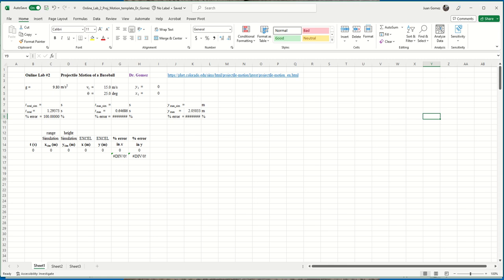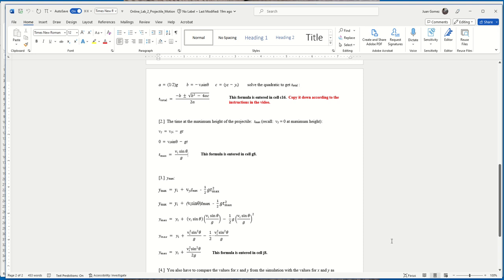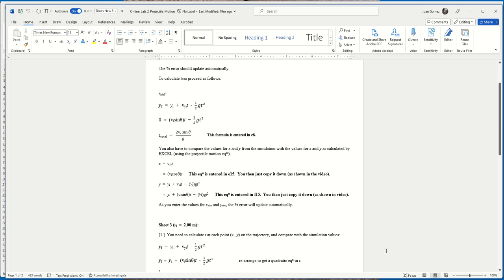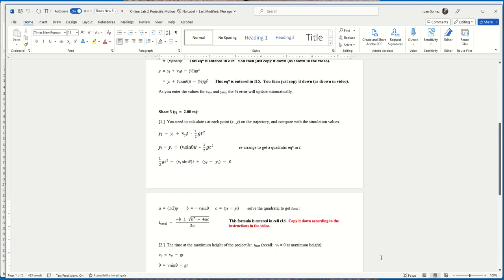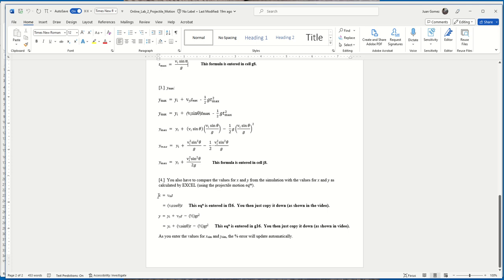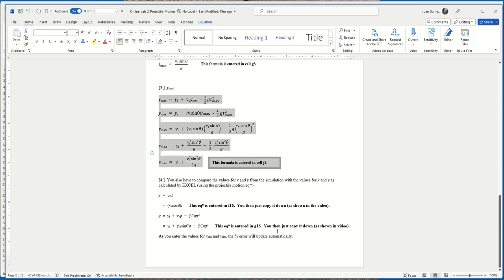Now, what is the max height? How do you calculate the max height? Well, go back to your Word file. The max height, it's this derivation right here, because y max, that's the height, that's y at t max.